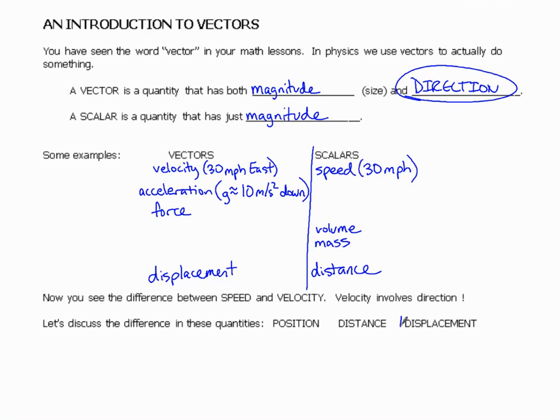Displacement is a vector. This is where I might tell you that I moved 2 meters to the north. And this tells you how far you end up in relation to where you started.